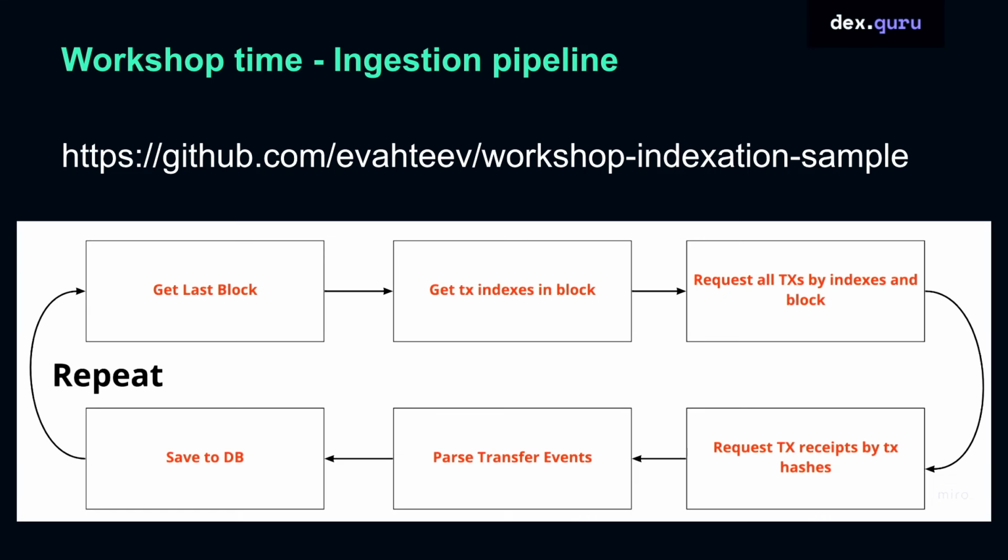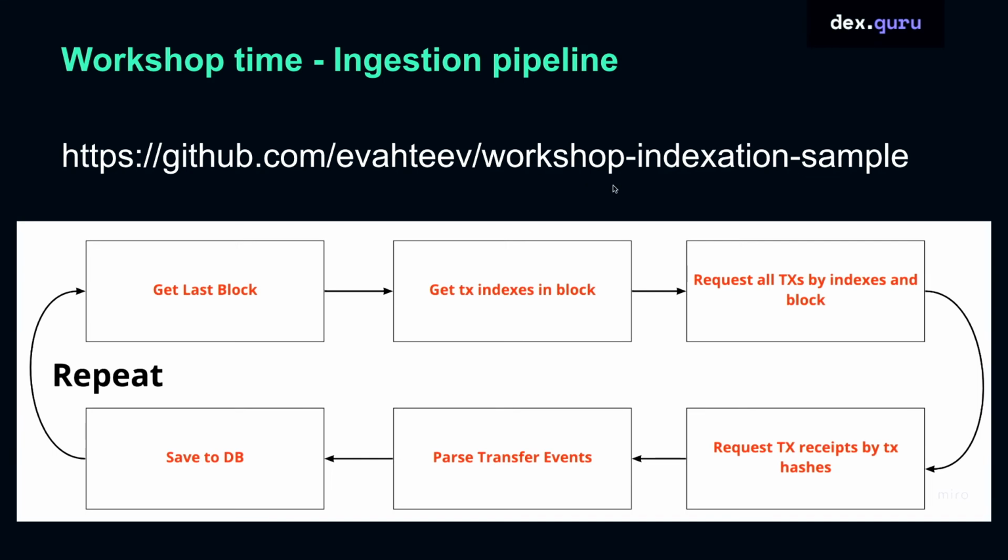And those are ERC20 transfers. By swapping ABIs there, you can actually start indexing NFT transfers if you want. So that's the idea. And that's why we need to have indexation, because this is a way to get transactions for one block. And we're converting it in the DB to a view where it's easily searchable or requestable by any key we want to request it by.